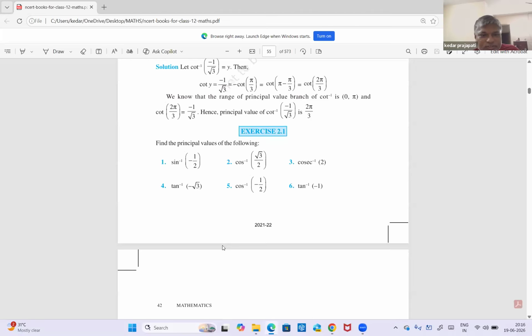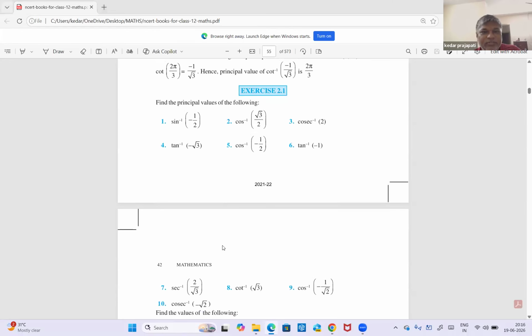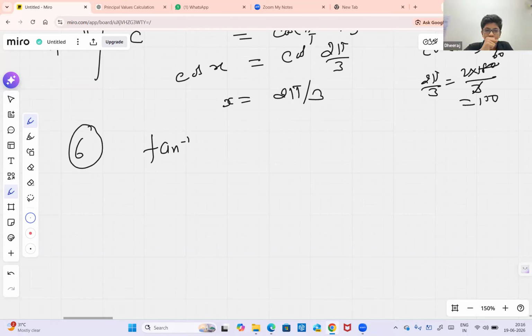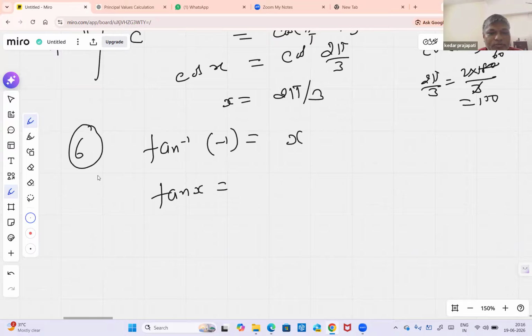So I'll go to the sixth, tan inverse minus 1. This must be easy now. Tan inverse minus 1 equal to x. Okay, now tell slowly. Tan x equal to minus 1.